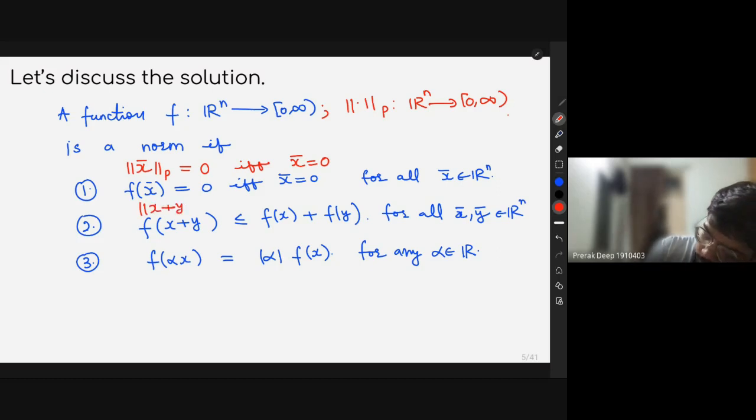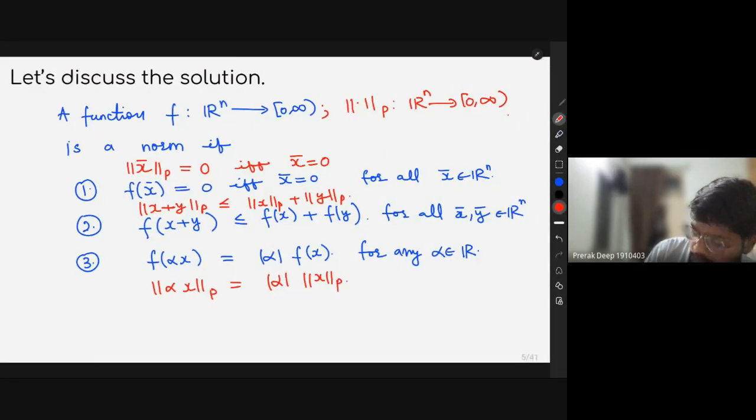Similarly, the triangle inequality in that norm holds. Okay, and it is linear.